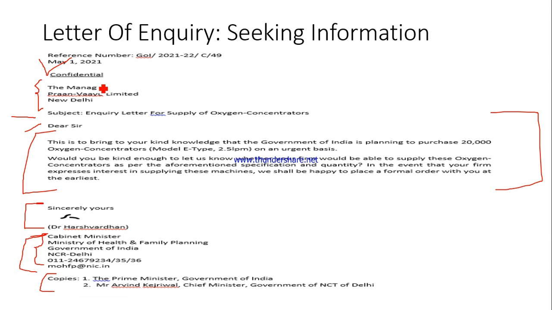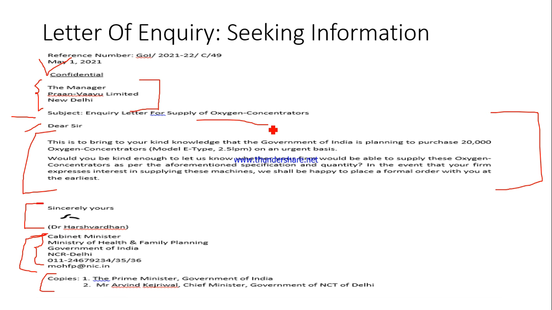And here if you have a look, this is the receiver. So the letter is meant for the manager of Pran Vayu Limited. And what is the subject? It is an inquiry letter for supply of oxygen concentrators. So who is the supplier now? The supplier is basically Pranavayu, and the Government of India wants to purchase oxygen concentrators. Why?